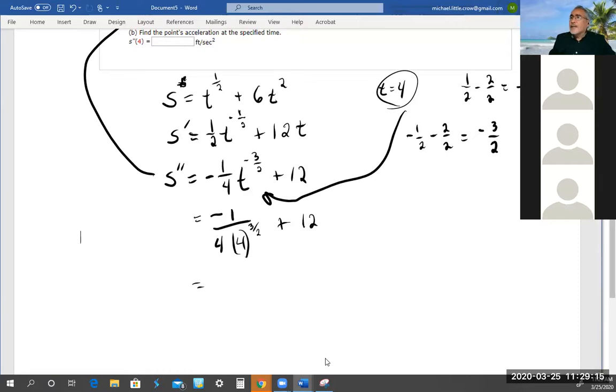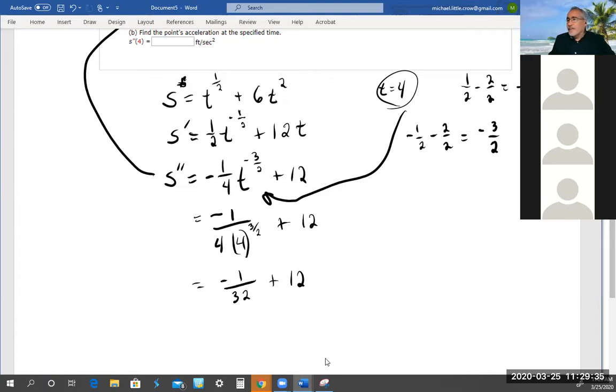With the minus, now the 3/2 power, you can plug this into your calculator, but the square root of 4 is 2, 2 to the third power is 8, and 8 times 4 is 32.